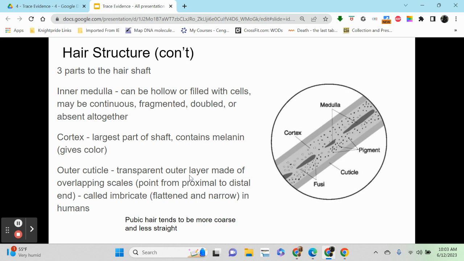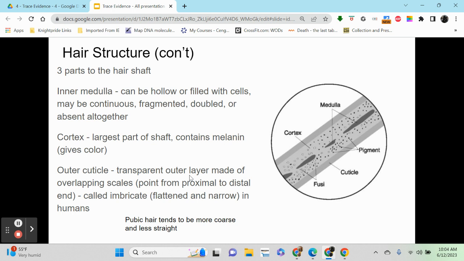So the six different areas: you've got the head, you've got the eyebrows and then the eyelashes, you've got beard and mustache hair, you have underarm hair, you have axillary or body hair, which would be like stuff on your arms and legs, and then you have your pubic hair. So those are the six different regions, and each of those is going to have slightly specific characteristics.